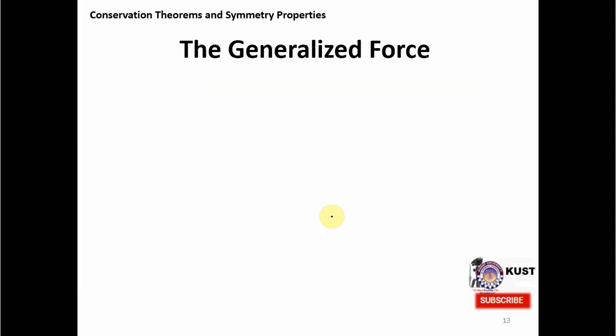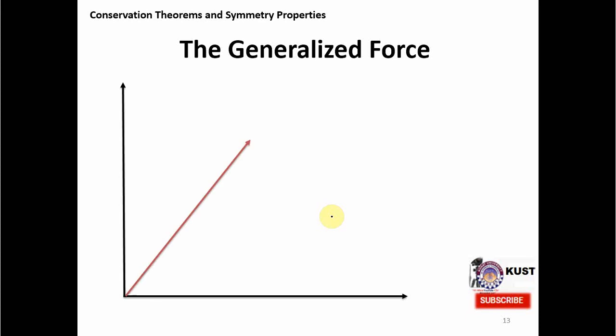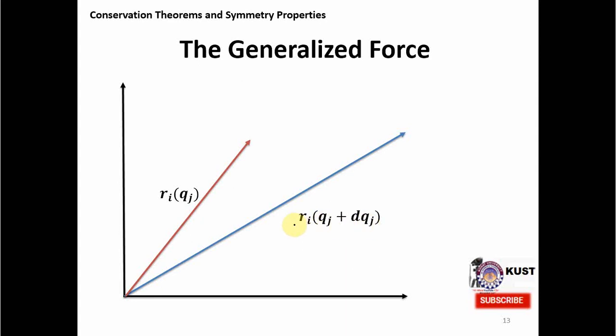Okay, so next thing is to show this to you schematically. You can see that I have a system where I have a position vector r, which depends on q, and then there is a small change going from q to q plus dq, and r is dependent on these generalized coordinates.